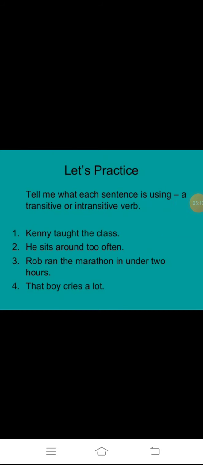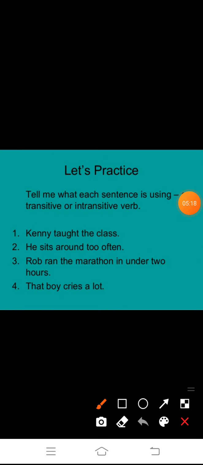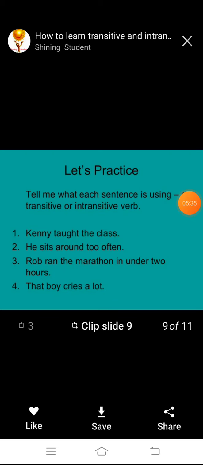Let us practice. Tell me whether each sentence is using a transitive verb or an intransitive verb. Okay. Kinney taught the class. Kinney taught what? No. Whom? The class. Kinney taught whom? The class.